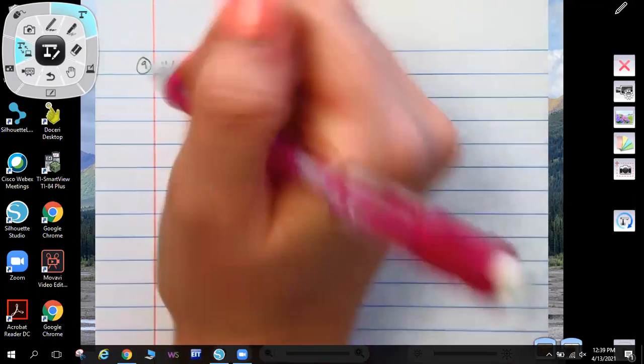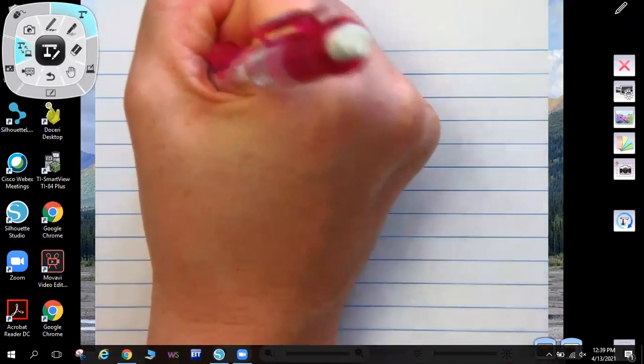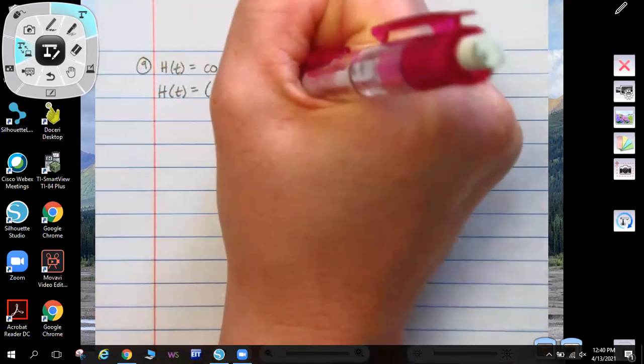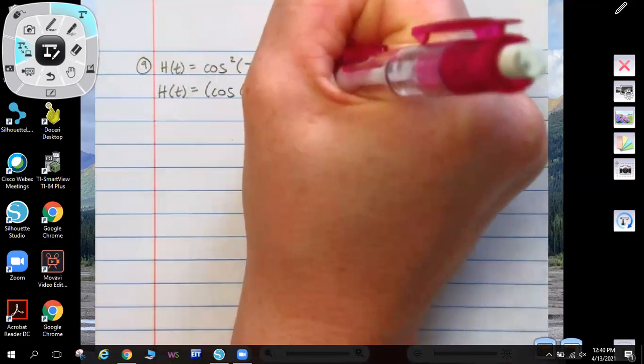We can rewrite this. So we're not taking the derivative yet, just rewriting it as cosine of 7t squared.